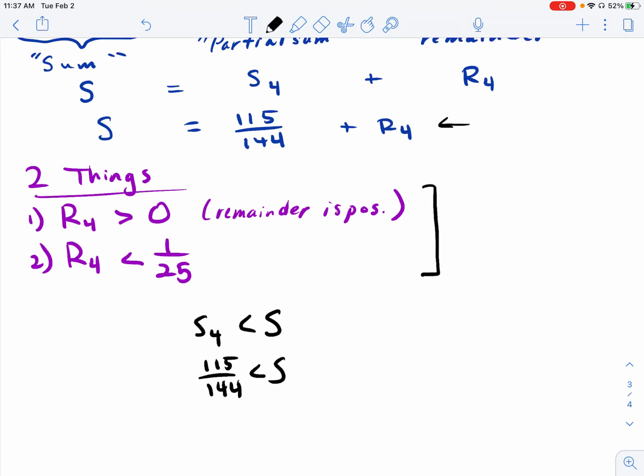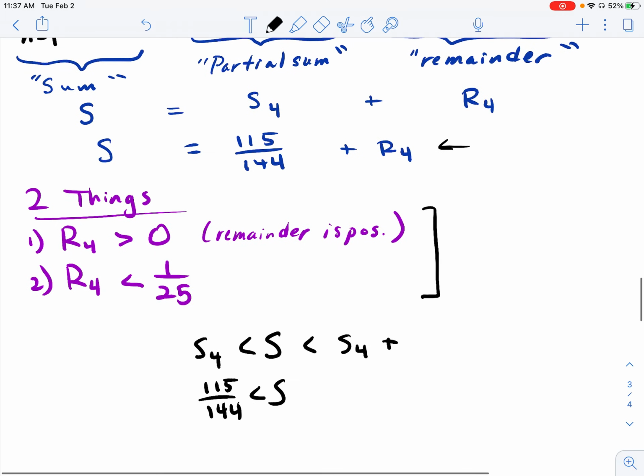And because again, my remainder is positive, right? I can then say that my R sub 4, or my sum, I should say, is less than my partial sum plus whatever our next unused term is.